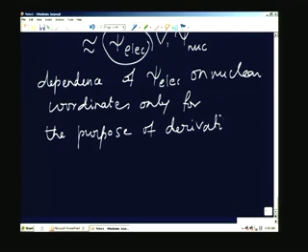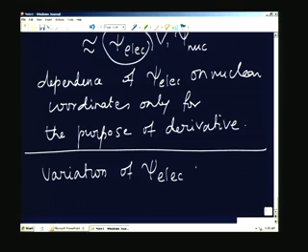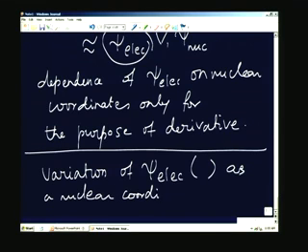That is, to be very precise, the variation of psi electronic as a function of the nuclear coordinates.